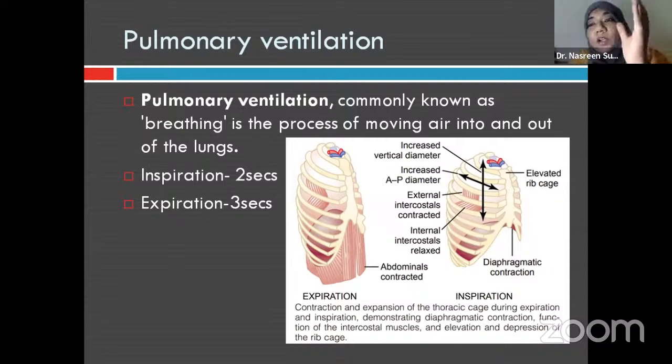So what are the different muscles involved? The diaphragm, intercostal muscles, and ribs. These three things are involved in pulmonary ventilation.